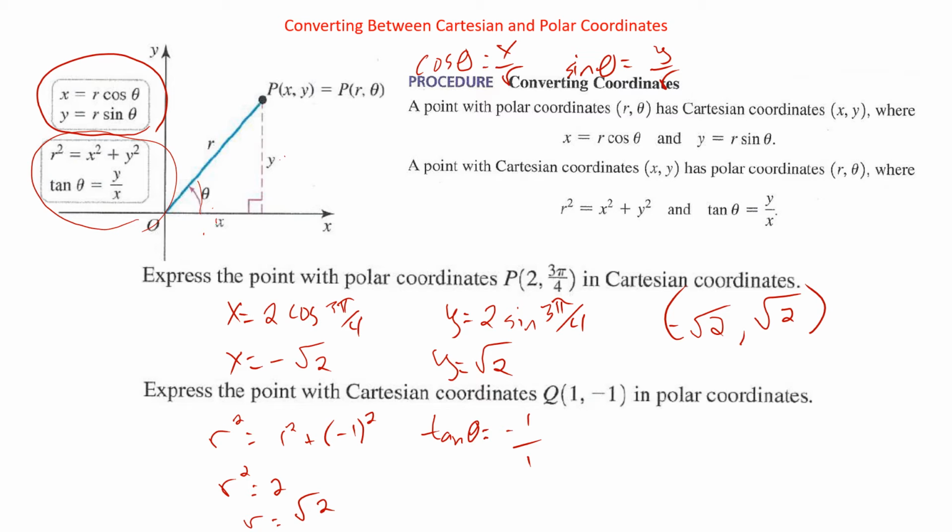Tangent is negative 1 at 3 pi over 4, so theta would equal 3 pi over 4. And so we'd have root 2 comma 3 pi over 4. And generally we're going to use nice angles that you know, because you know how to use the unit circle.